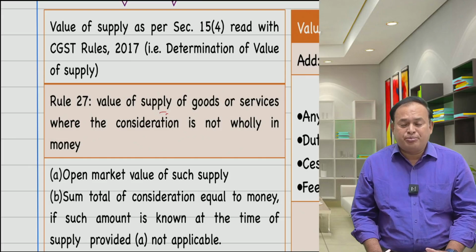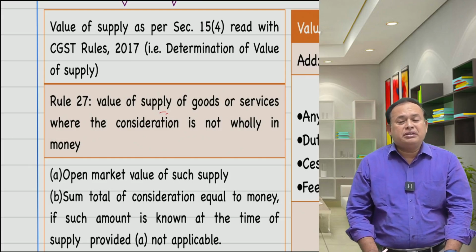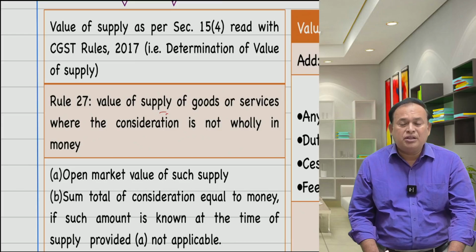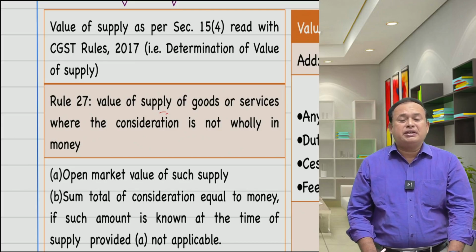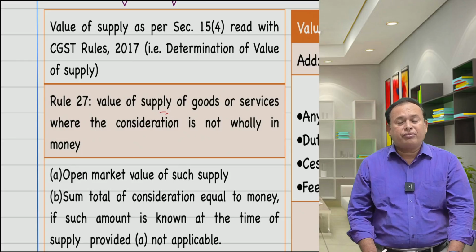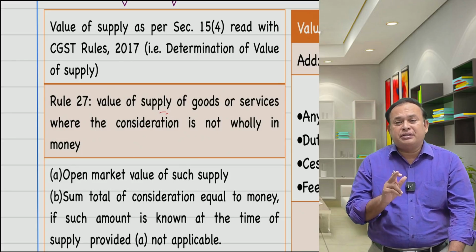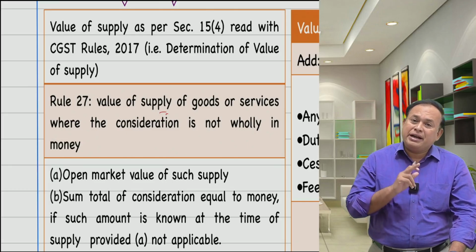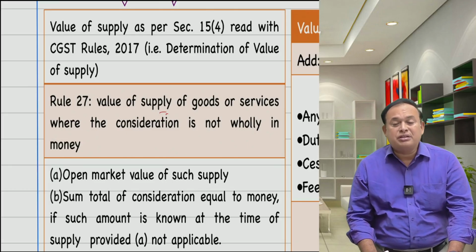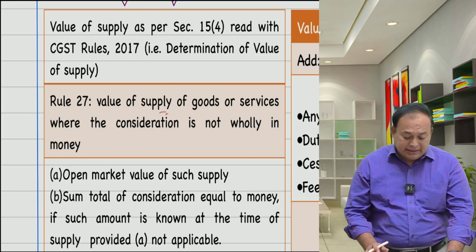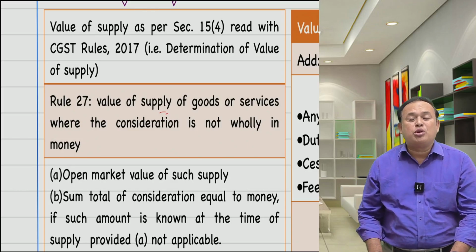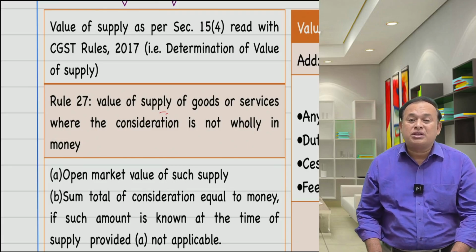Even the definition of the term consideration very clearly states that money or money's equivalent is called consideration. In that case, how to arrive at the valuation as per rule number 27 if there is no sole consideration.